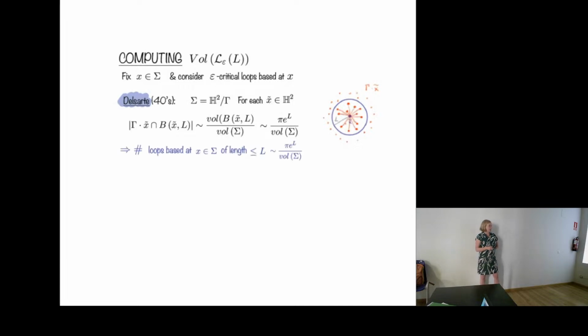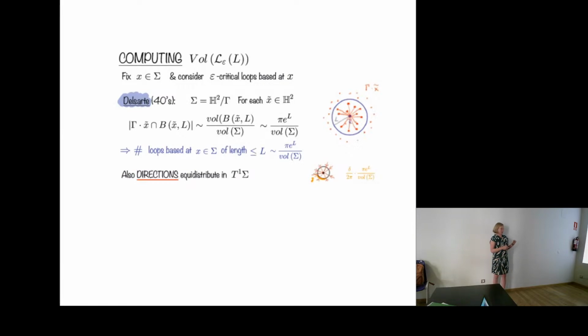Notice that this is the same as saying how many loops there are based at a point on my surface, where x is the projection of x tilde. I'm just taking a geodesic line from those. So the number of loops, not anything about them being epsilon critical, just loops based at a point of length at most L.